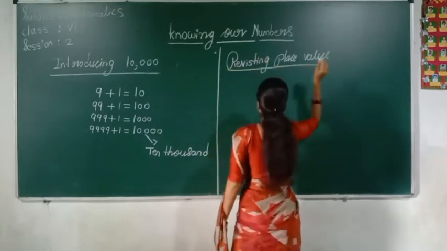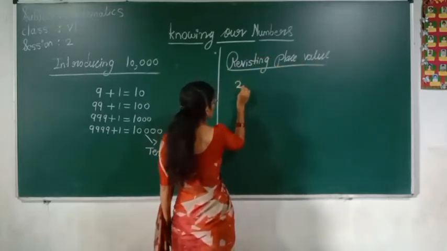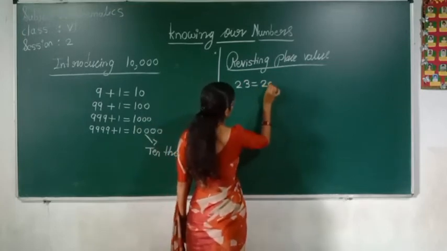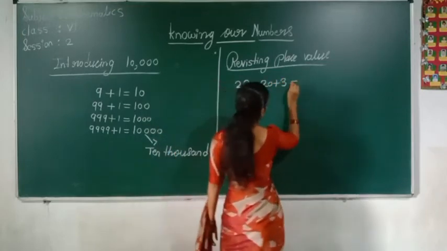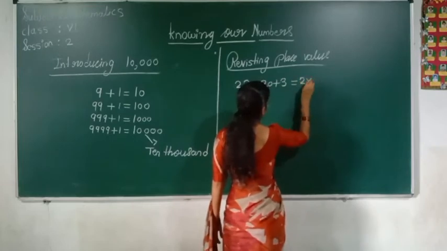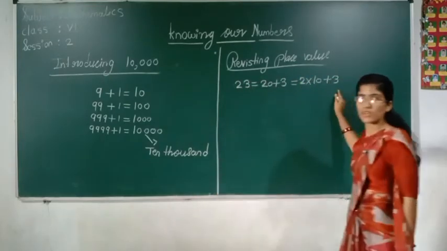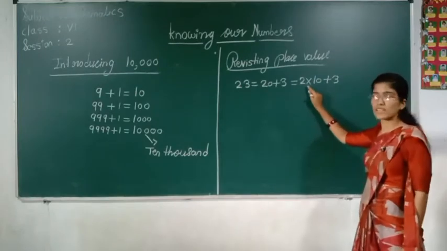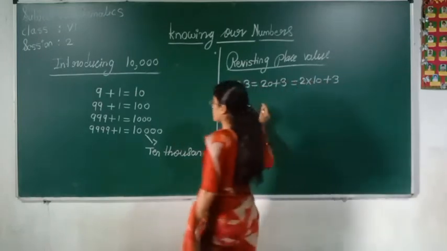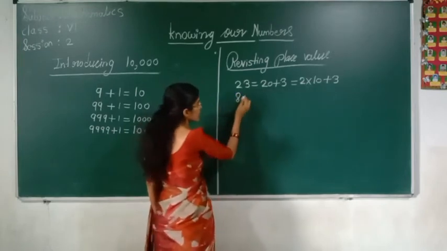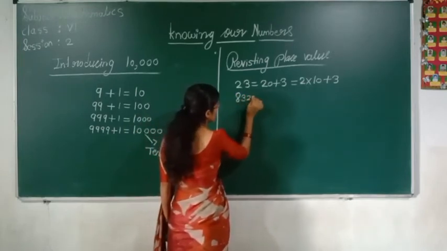Now see here, students, you know the expansion of a 2-digit number, that is 20 plus 3. This can be written as 2 into 10 plus 3. Here we come to know that 3 is at ones place, 2 is at tens place, right? We have learnt about 3-digit numbers also.